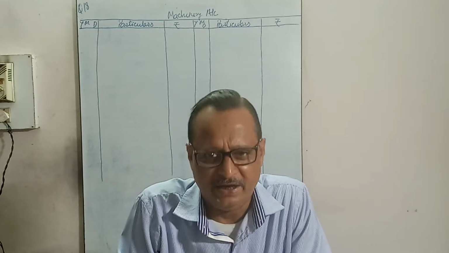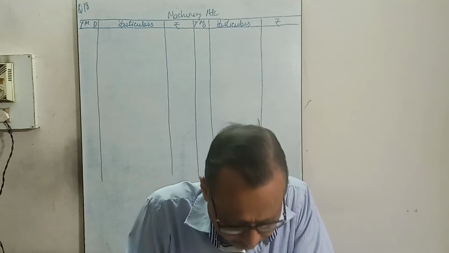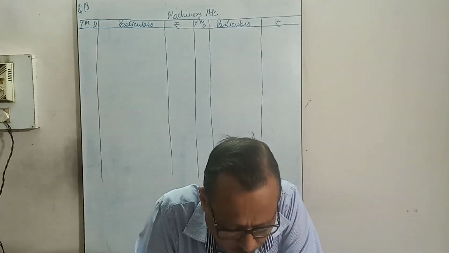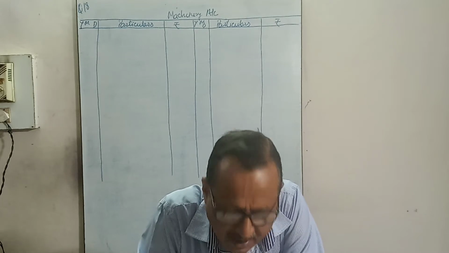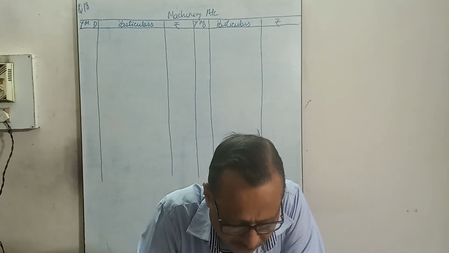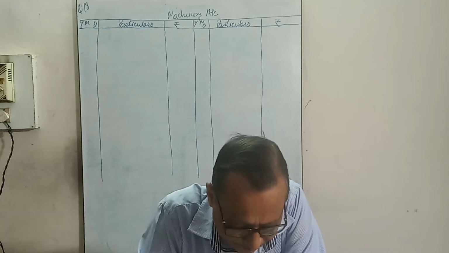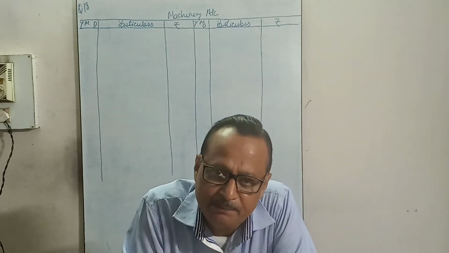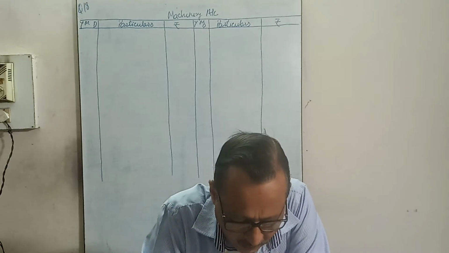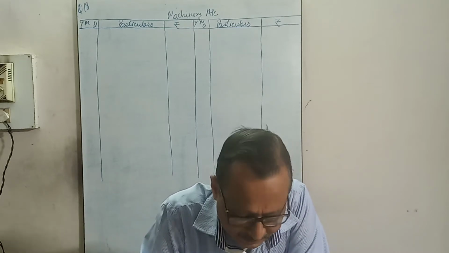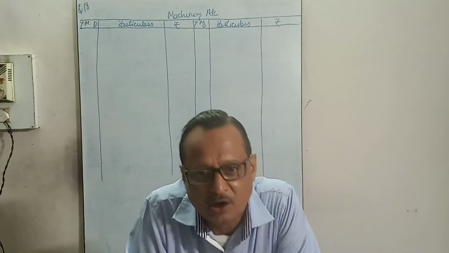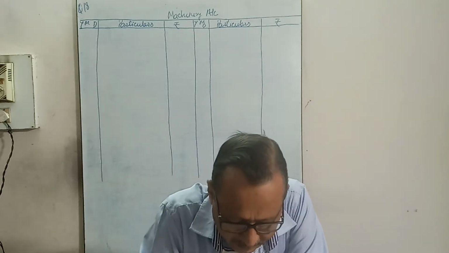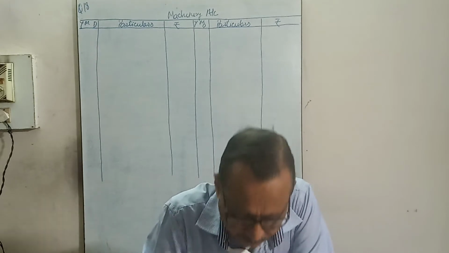The question number 18 we are taking here. A company which closes its books on 31st March every year purchased on 1st July 2017 machinery costing rupees 30,000. It purchased further machinery on 1st January 2018 costing rupees 20,000, and on 1st October 2018 costing rupees 10,000.